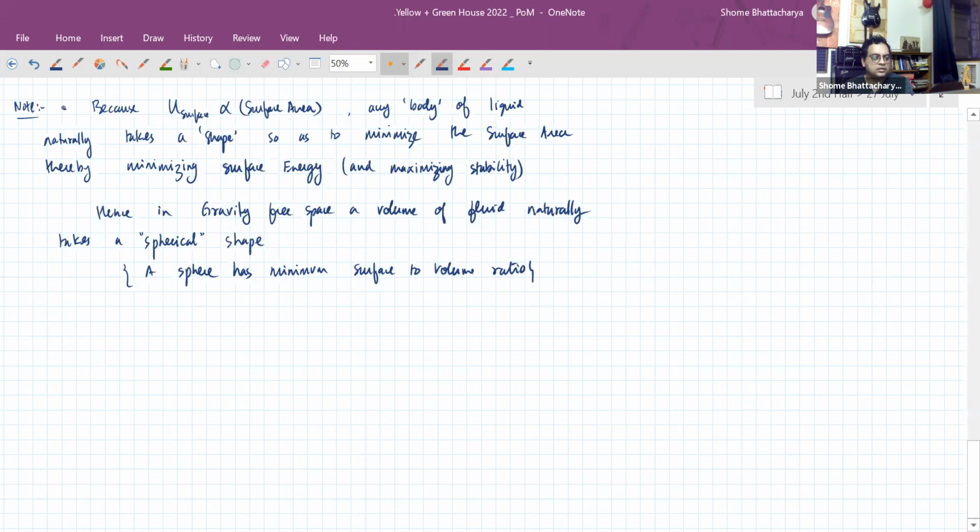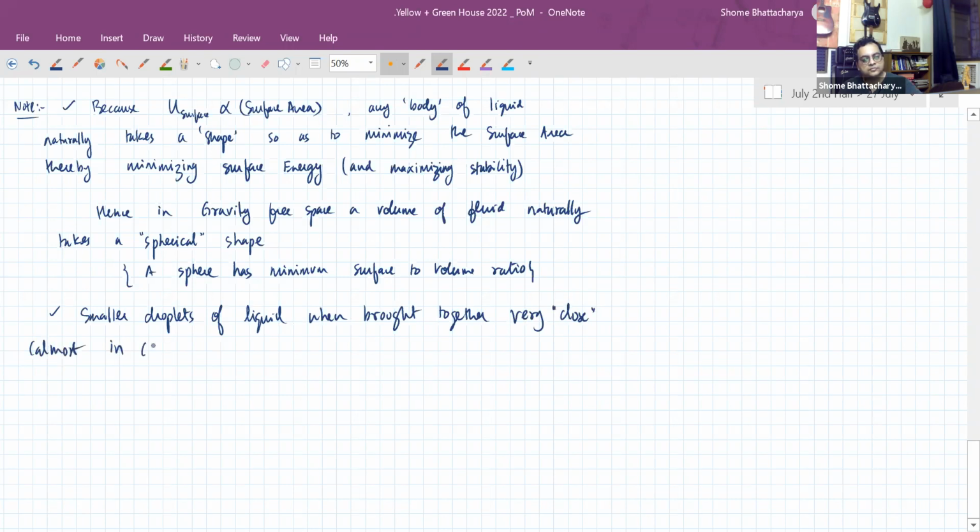So this is another reason why smaller droplets of liquid, when brought together very close, almost in contact, tend to coagulate, or you can say coalesce, that is combine into a drop, because this minimizes the surface area.